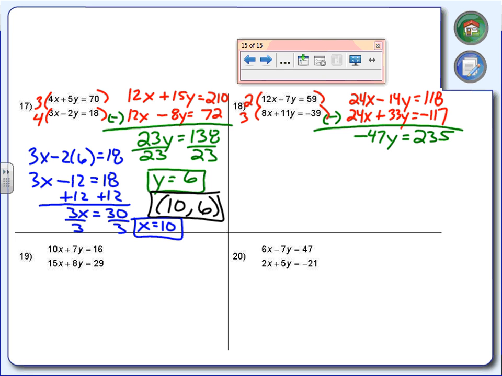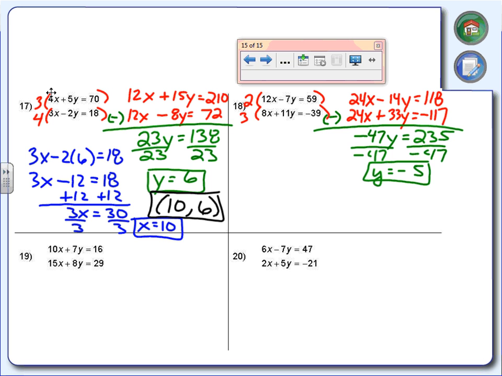Now we're going to divide by negative 47. So 235 divided by negative 47 is going to give us a negative 5. So we got half of our answer.